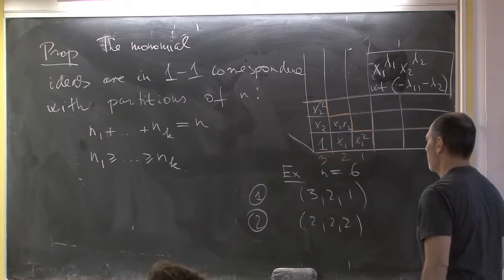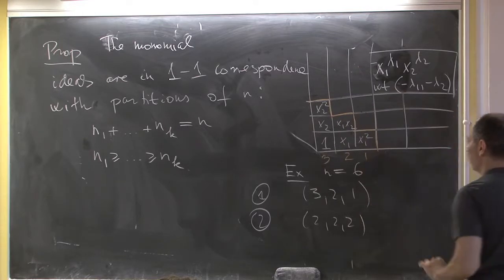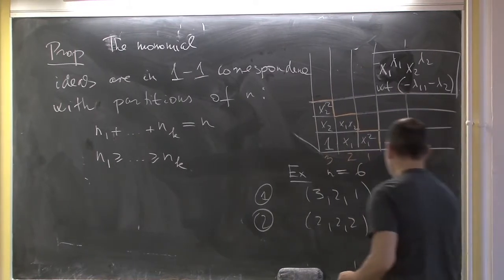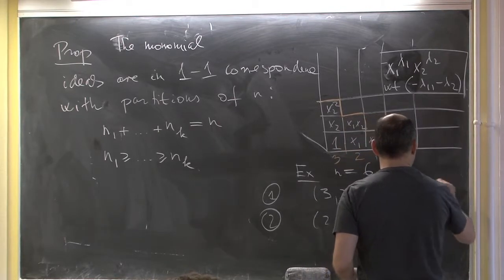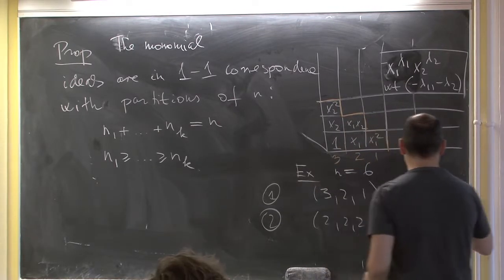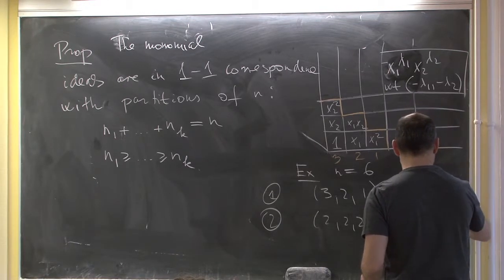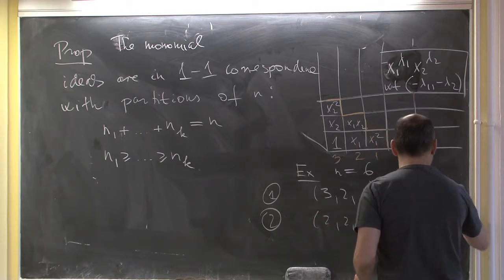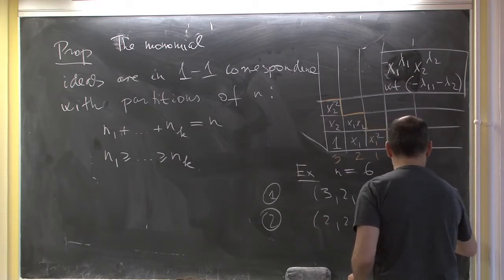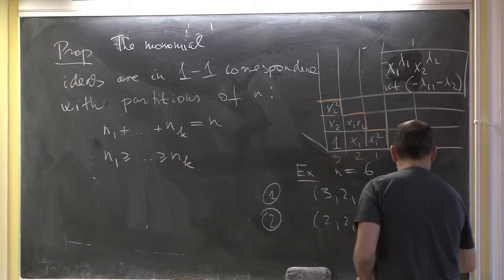It's obvious then that the ideal corresponding to this, which is the complement of this diagram, is spanned linearly by monomials in the complement.